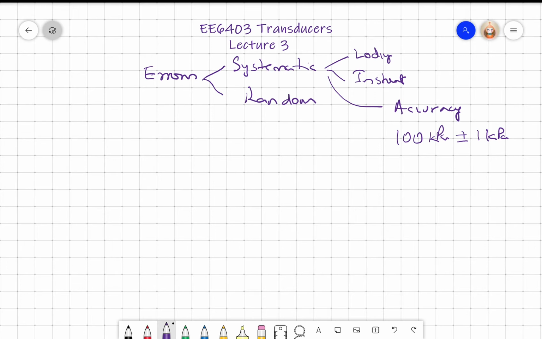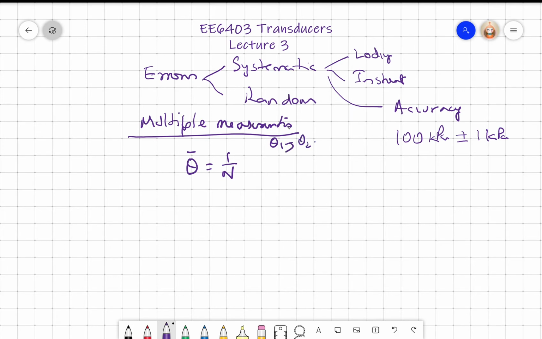On the other hand, when random error occurs, there is absolutely no way we can do this. When random error occurs, we take multiple measurements, and take the average value as the best value. Let's say theta 1, theta 2, ... theta n; theta bar is 1 by n sigma j equal to 1 to n theta j.